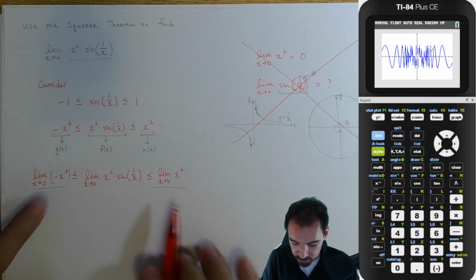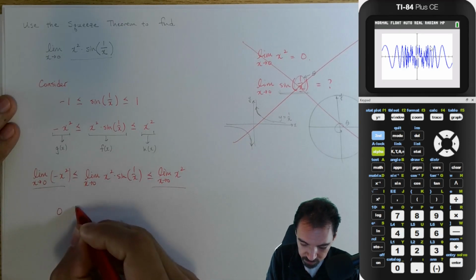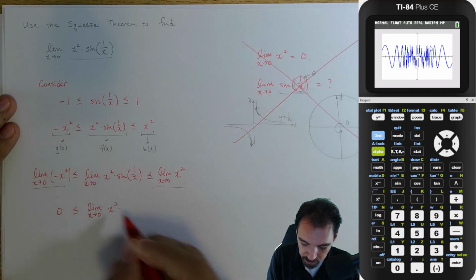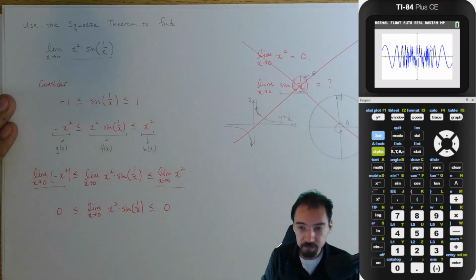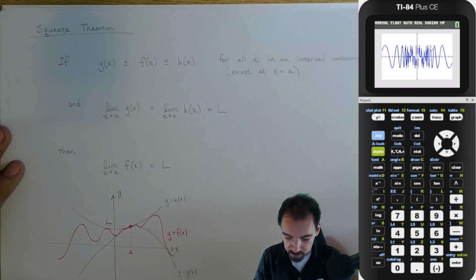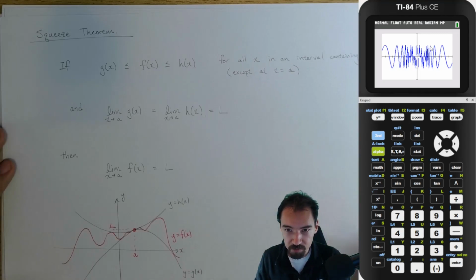And the answer is yes, because those two are both continuous functions, which means we're able to just say, 0 is less than this, is less than or equal to 0. So this is the equivalent of us arguing that the limit of the two outer functions both equal the same number L.